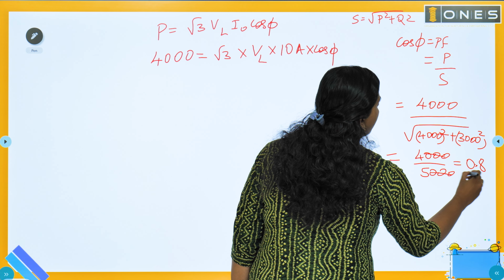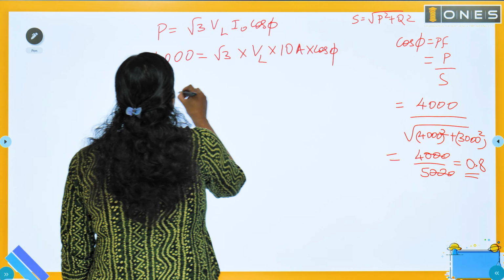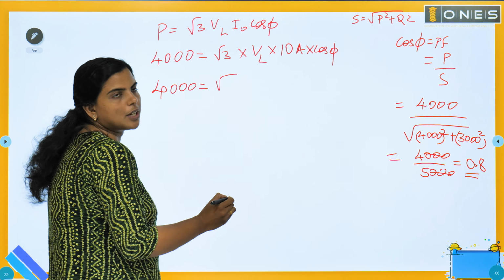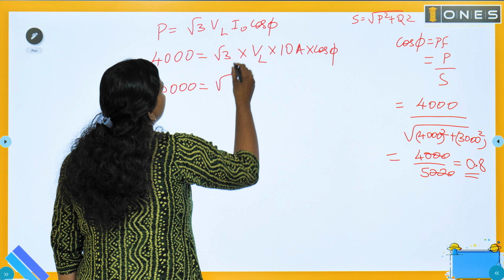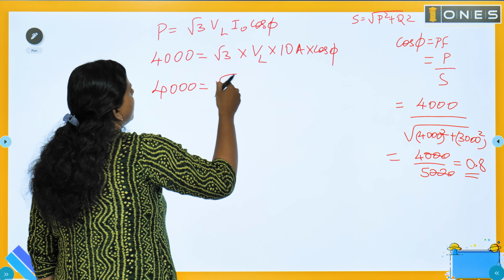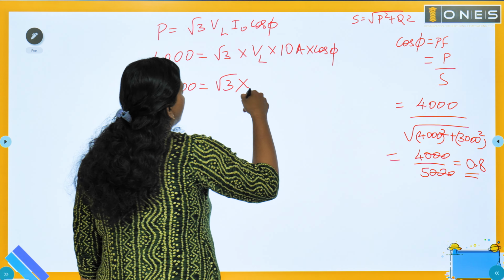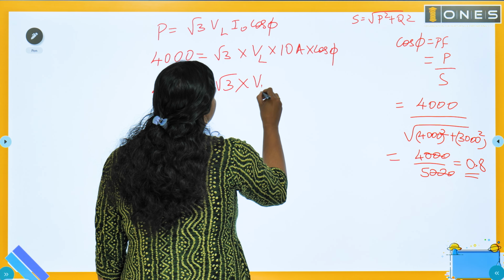Okay, the answer is 0.8. So on substituting it over here, the power equation P is equal to root 3 VL I0 cos phi. In this case I0 is what they have used to represent the RMS current. So 4000 is equal to root 3 into VL into 10 into 0.8.